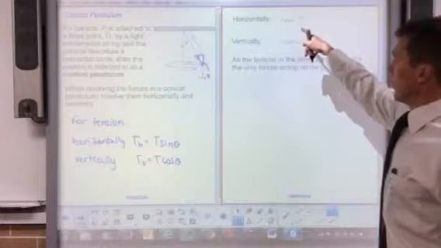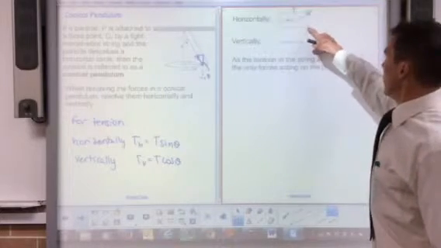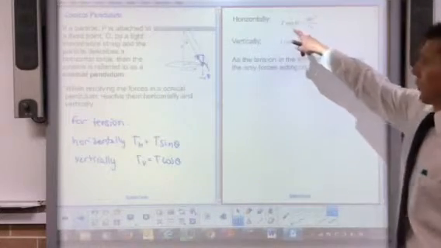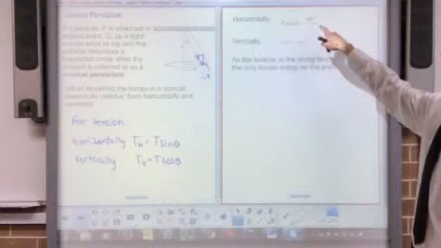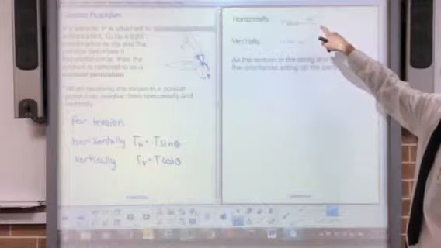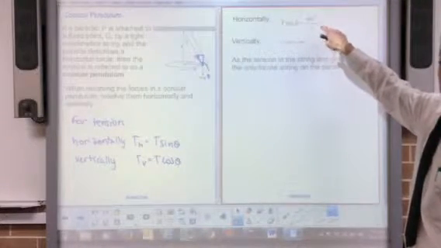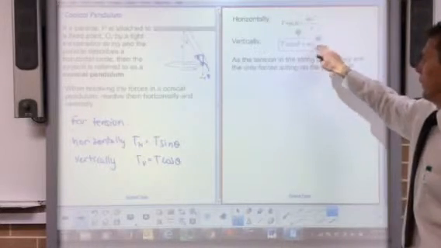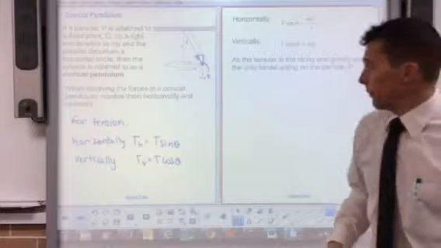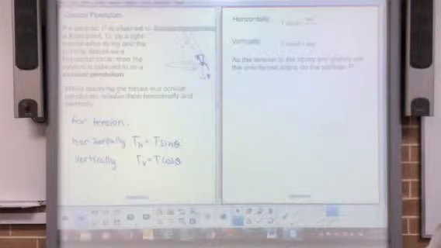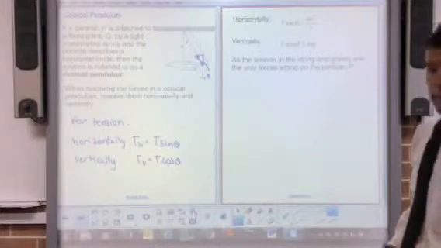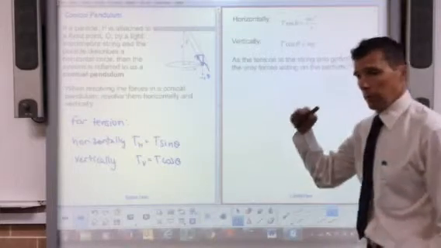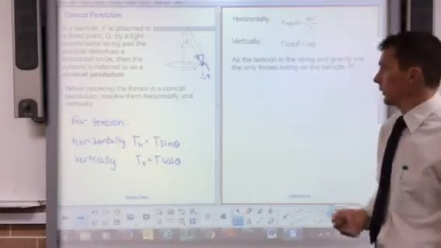So horizontally we can say that the horizontal component of the tension has to be equal to the resultant force on the particle, which is mv squared on r, and the vertical component of the tension must be the same as gravity acting on the object, so that it stays in the same horizontal plane as it rotates.